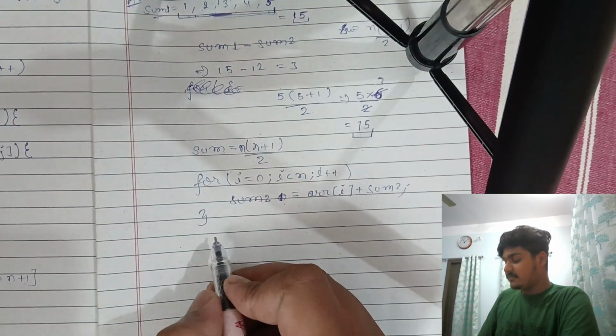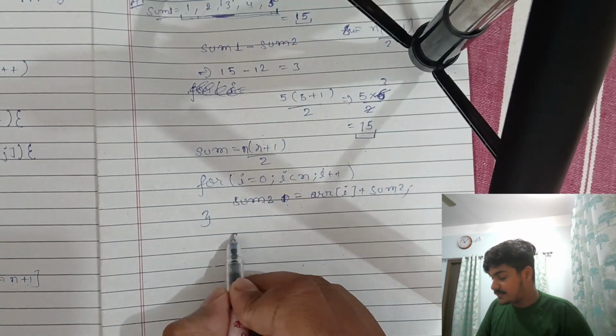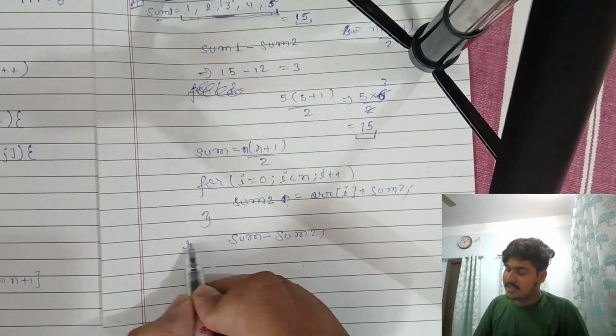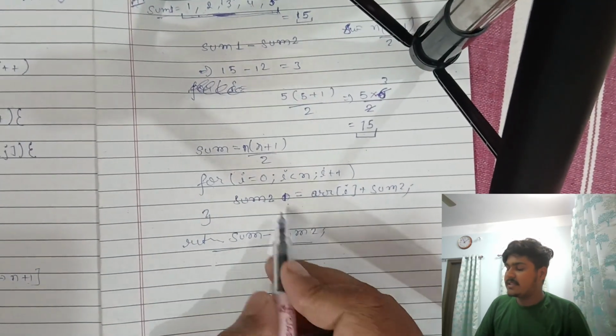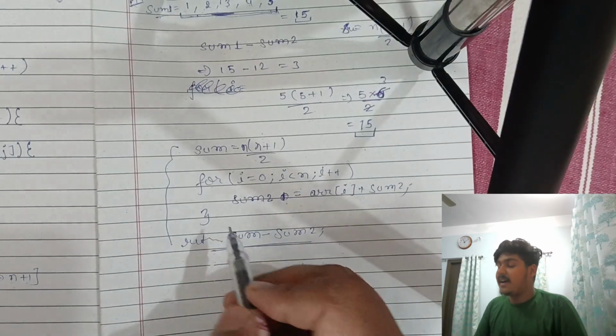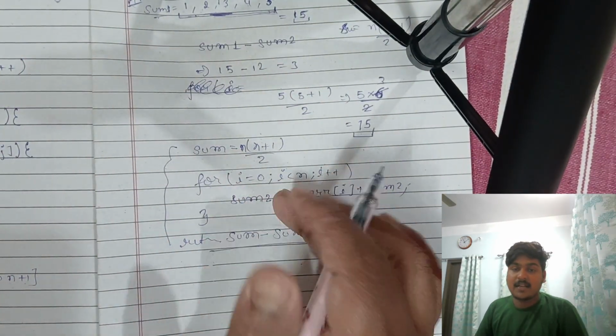At the end you need to subtract, so sum minus sum2 is what you return. This is also an optimal solution, and I will show you both codes when we are coding.